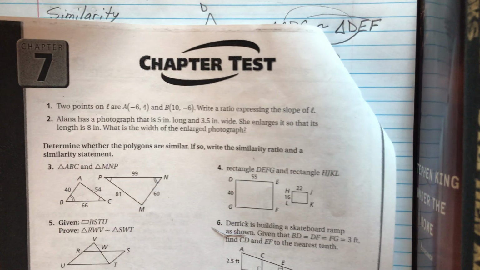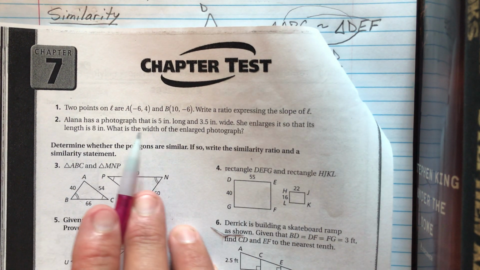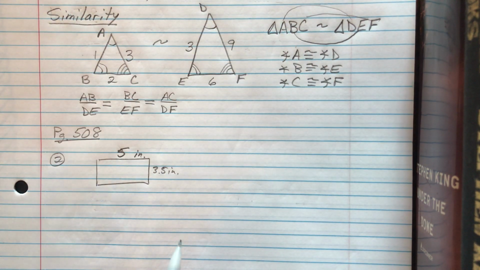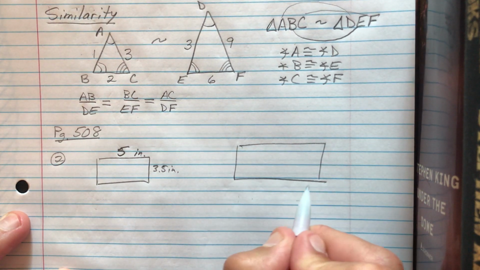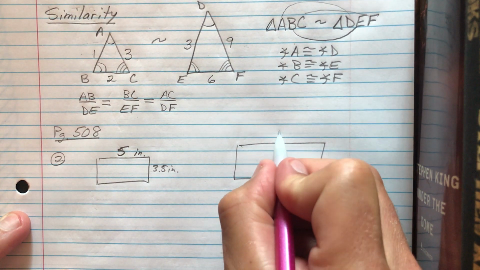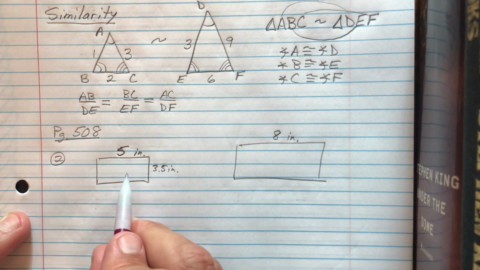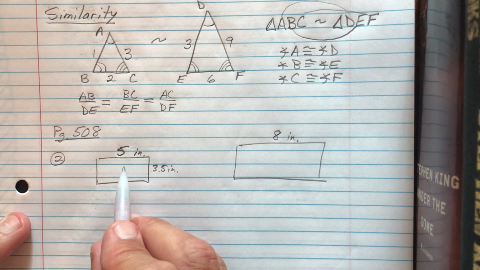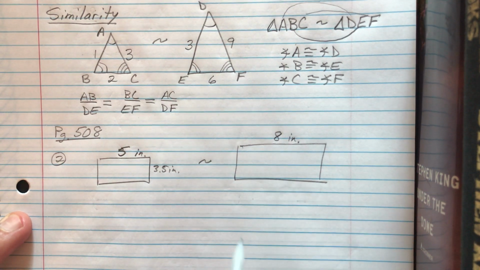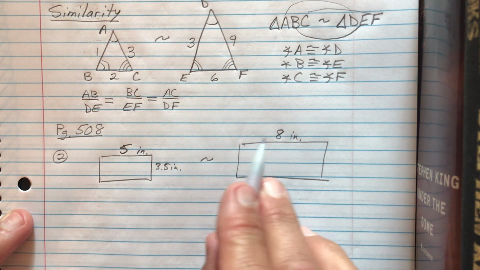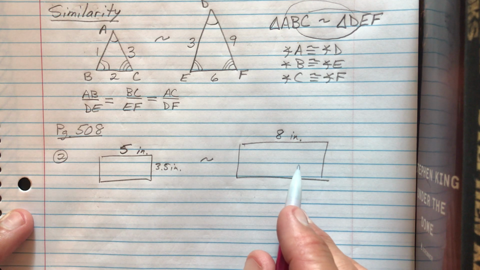It then goes on to say she enlarges it so that its length is 8 inches. What is the width? So here's the enlarged photograph. The length is 8 inches. It's kind of implied that the photograph and the enlargement would be similar. If the length goes from 5 to 8, the width is going to increase at that same rate.